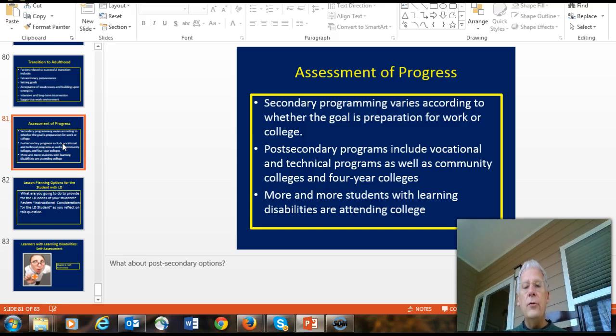And more students with learning disabilities are attending college. It's not unusual for me to have a class at Young Harris and have 3 to 4 students that have some type of learning disability and need accommodations. And at the college level, those have to be signed off by a physician or a doctor.